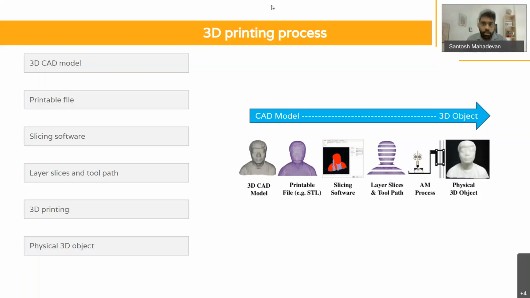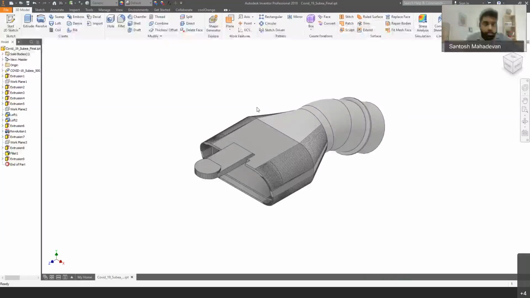To kind of give you an example of what happens over here, I will just stop sharing this screen and I will show you day-to-day application of this STL method. Okay. So here I have my CAD software. I prefer using Autodesk Inventor.